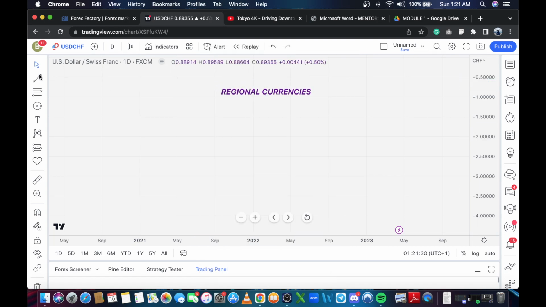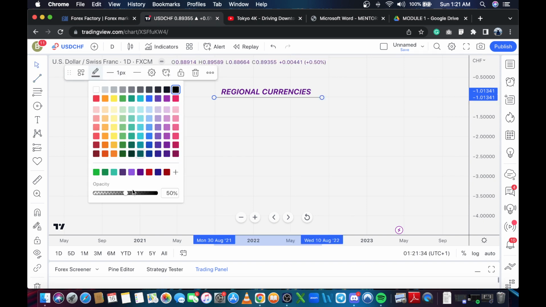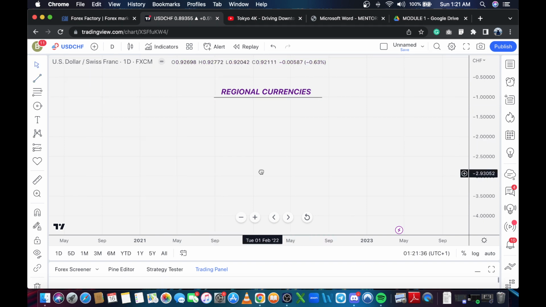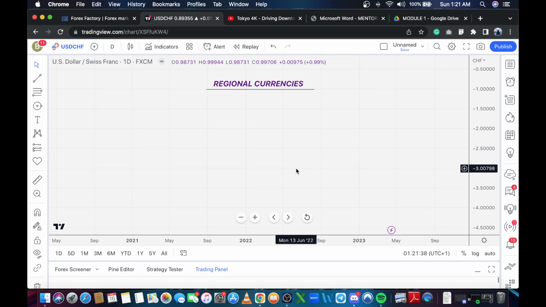And now let's define regional currencies. So we have different regions, obviously. We have North America, South America, Europe, and then we have Asia, which is also blended in with what I call Oceania, which is Australia and New Zealand. Those are the main regions of the world.